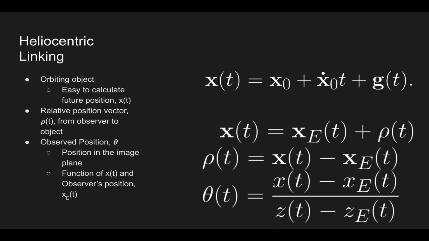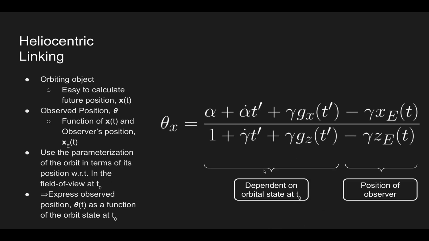And then for the position of the object, we're going to substitute in that alpha, beta, gamma expression that I showed before to say, okay, this is what we expect the observed position in any given exposure to be as a function of time. And so that's dependent on the initial orbital state that we've chosen and the position of the observer. Okay, so this isn't anything different from saying that for any given orbit, we know where it's going to be.